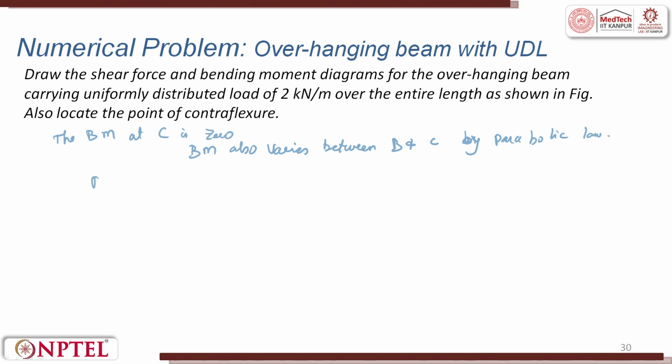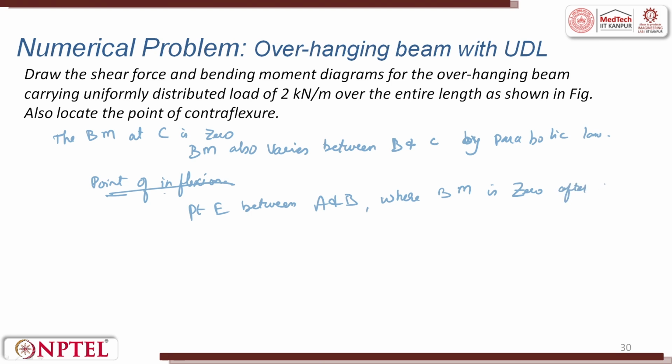So, now the point of inflection. Point of inflection will be at a point E, which is between A and B, where BM is 0 after changing the sign.